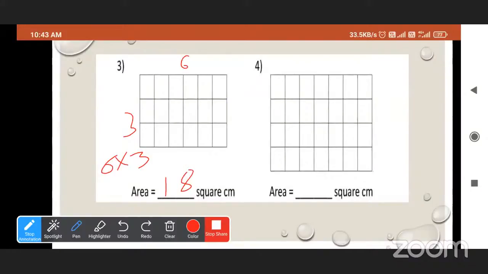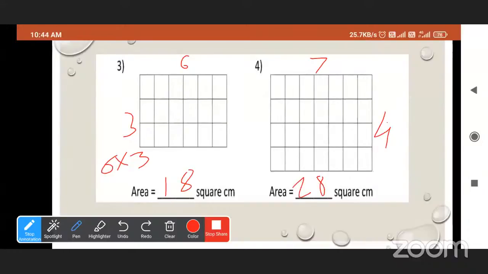Now to figure 4. Yes, sir. 1, 2, 3. This is 7 and this is 4. So what is the area? By counting squares, we will also get the area. Or the easiest one is to multiply length by breadth. So here 7 into 4 is 28.